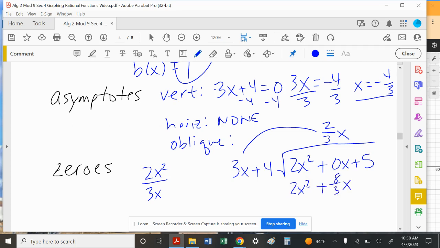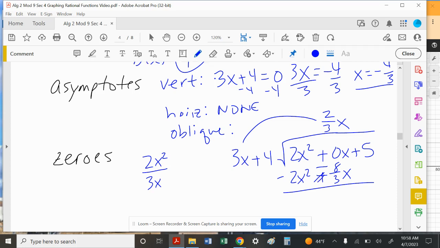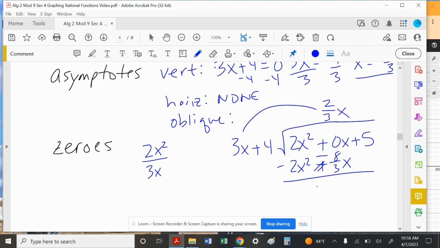Notice it's getting a little sloppy with all the different values here. I'm going to make this negative and this negative, okay? Because we're subtracting them. So we have 2x squared minus 2x squared, which of course goes to 0. We have negative 8/3 x plus 5. Now notice that we have this function here. We still have to find one more number over there, but we will figure this out.